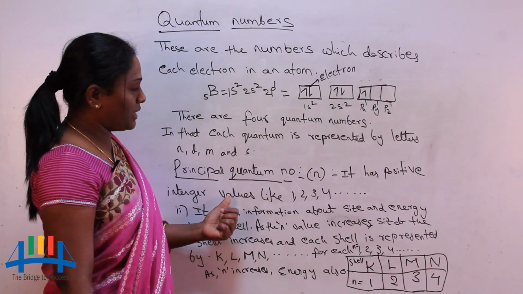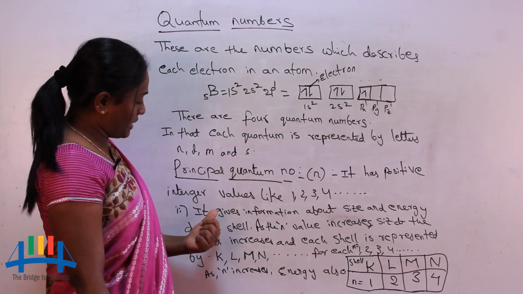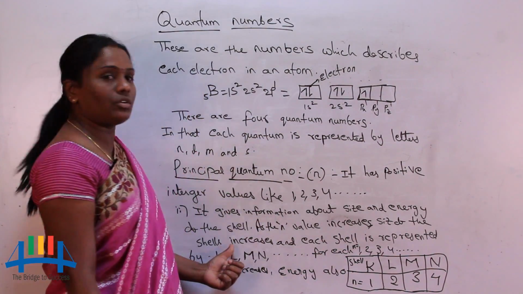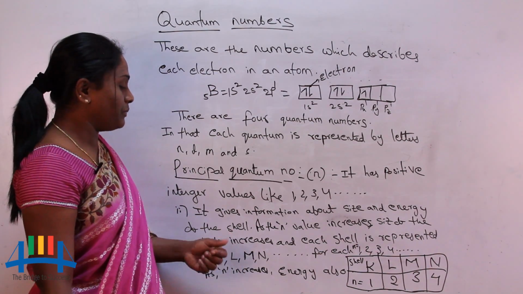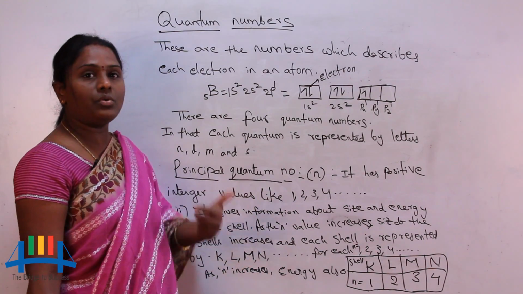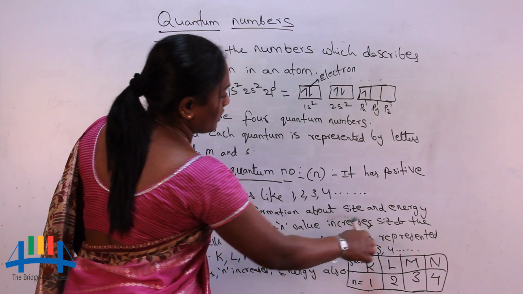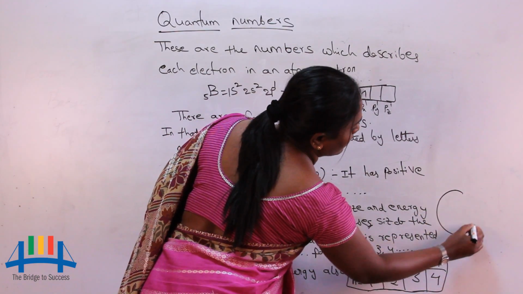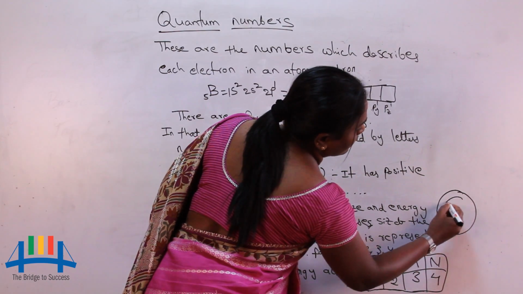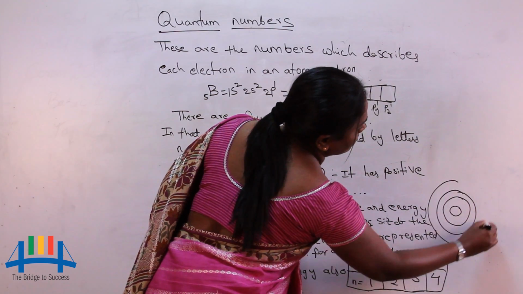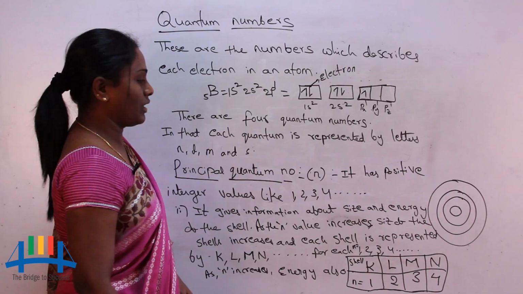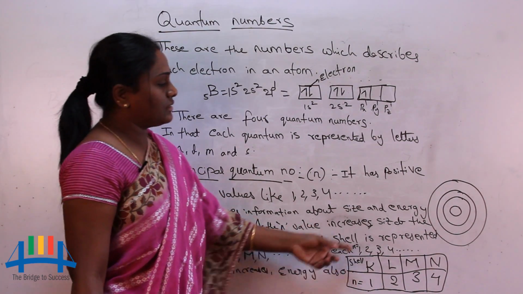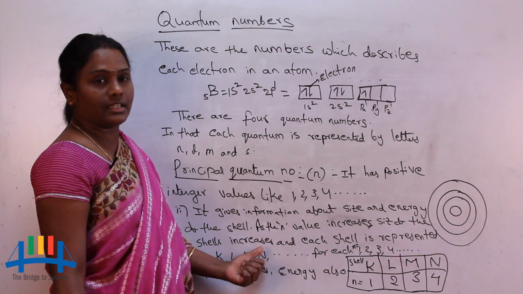The first information given by the principal quantum number is the size and energy of the main shells. As the n value increases, the size of the shells also increases.